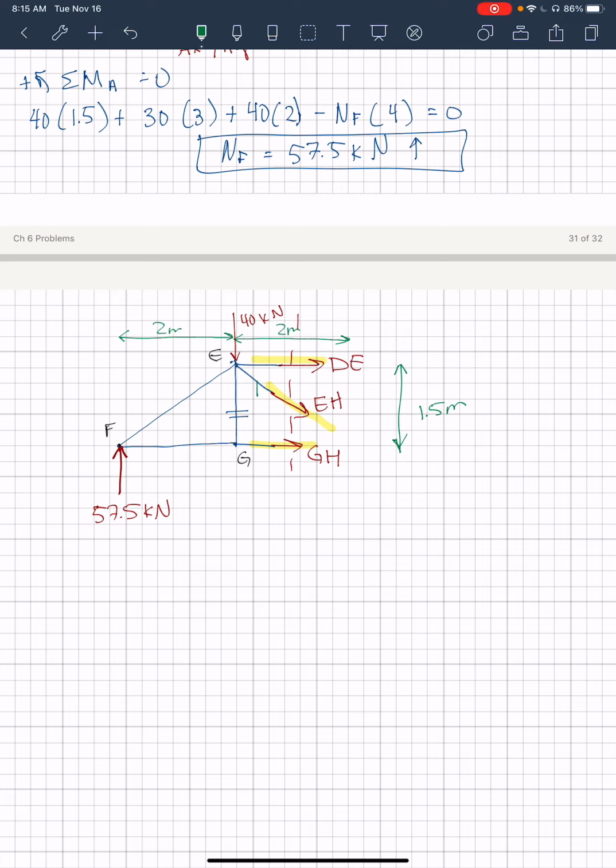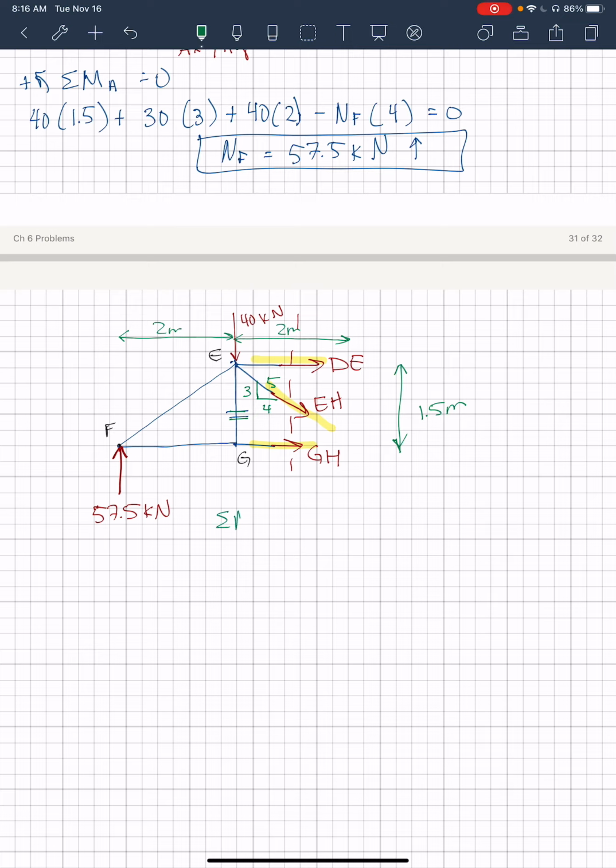For that E to H, we'll need to go down 1.5 and over 2. If we multiply those both by 2, we'll go down 3 meters and over 4. So it's a 3, 4, 5, that common triangle ratio. And we know this is the zero force member. We already had it marked. I think that's it. So now we can just use our equations.